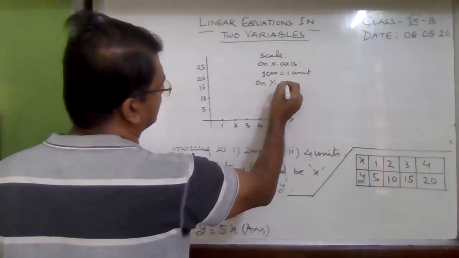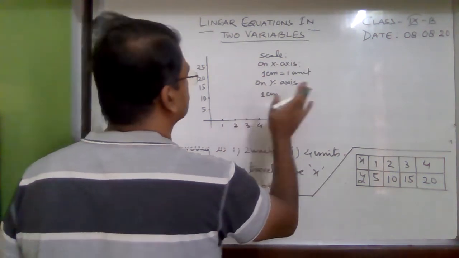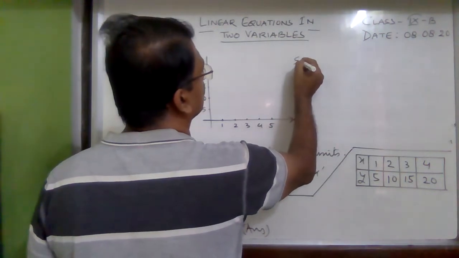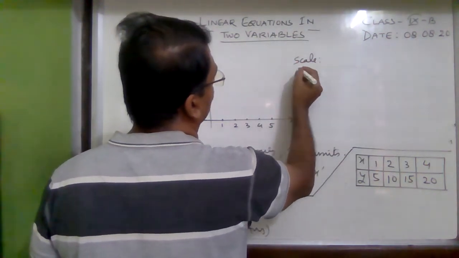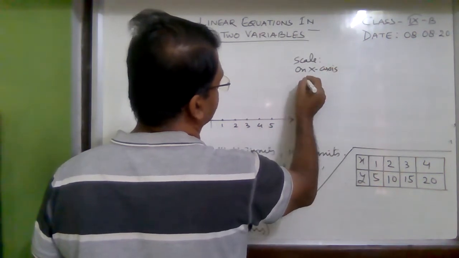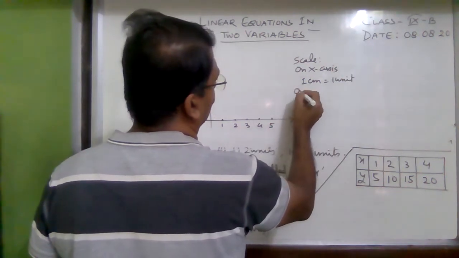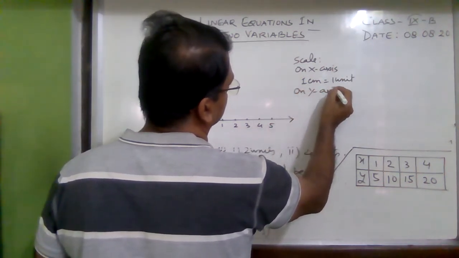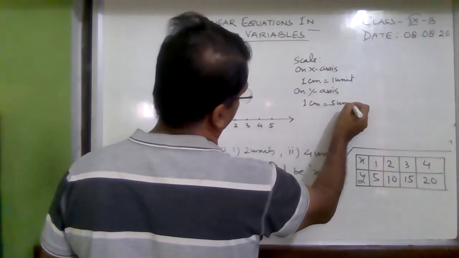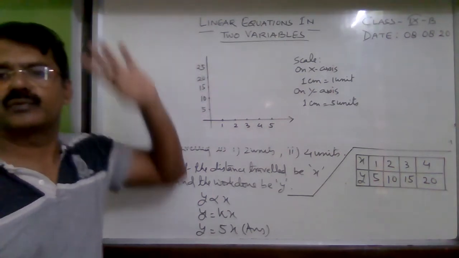On y-axis, 1 centimeter is equal to 5 units. You can see here 1 centimeter is equal to 5 units.